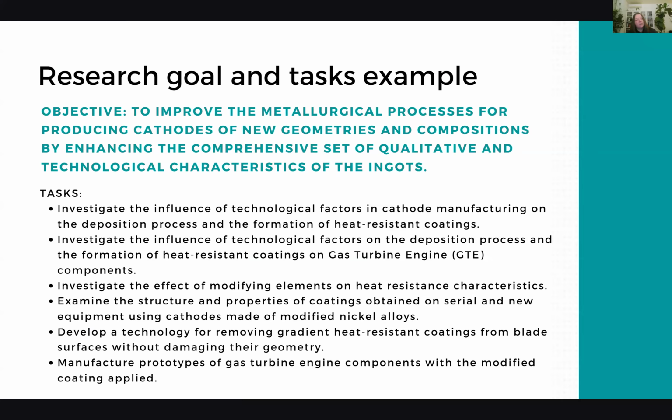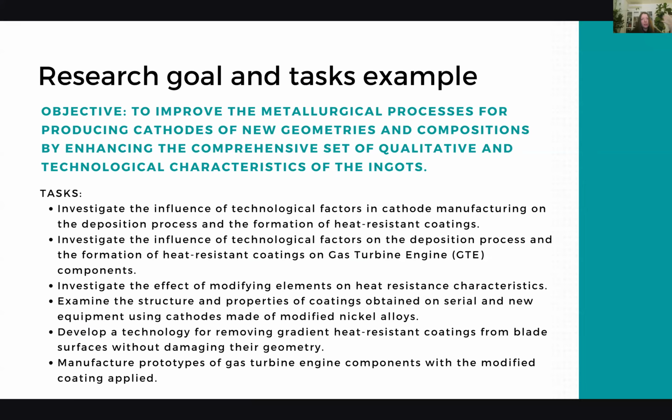The next one is to investigate the effect of modifying elements on heat-resistant characteristics. So here we see the practical part of the research where the author would use different modifying elements and see how they affect that heat resistance characteristic.